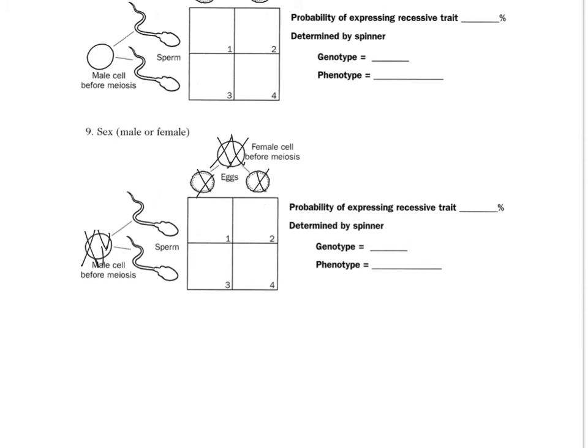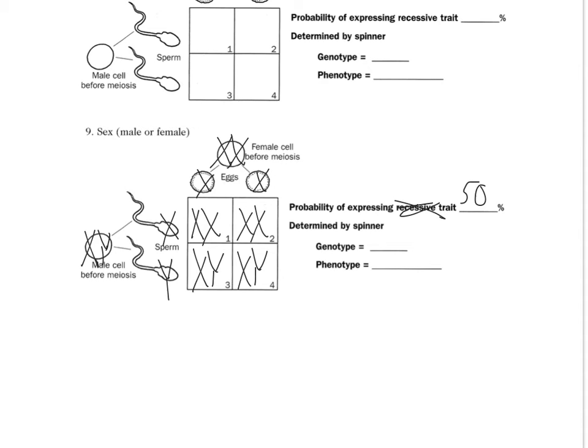So when we sort out the genes through meiosis and fill in our Punnett squares, the top row is where the X's meet, the bottom row is where the X's meet the Y's, and filling in, that's a 50% probability. Now they do use the word recessive here. I'm going to cross it out. It's not a good place to use that word because gender isn't dominant or recessive. It's just homozygous or heterozygous.